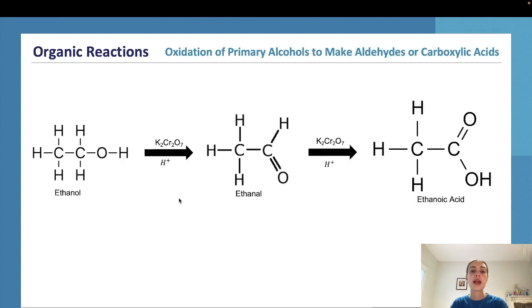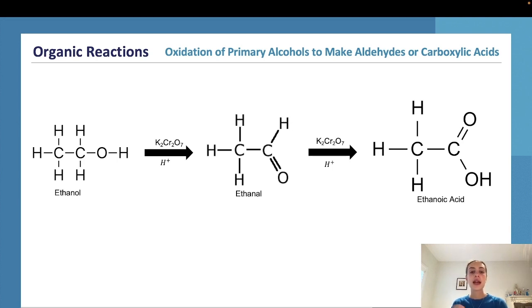The next one we can look at is an oxidation of primary alcohols to make aldehydes or carboxylic acids. This is a two-step oxidation reaction, and it occurs only with primary alcohols. There is a separate reaction with secondary alcohols. For example, if we take a primary alcohol such as ethanol, we can oxidize it using acidified potassium dichromate or dichromate ions, and this results in the formation of an aldehyde, in this case ethanal.